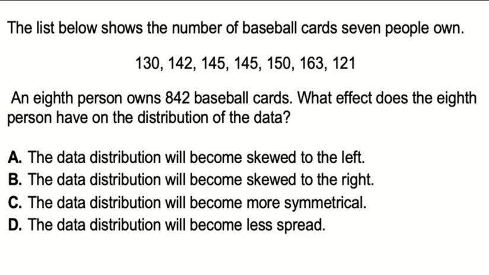What's that going to do to the median? It's going to go up, but is it going to go up a lot? No, because the median's still going to be in between two of those numbers. So the median's going to stay about the same where the mean's going to increase. So that means the mean is going to be a lot higher, right? So that means, again, we're going to have what kind of skew? Right.